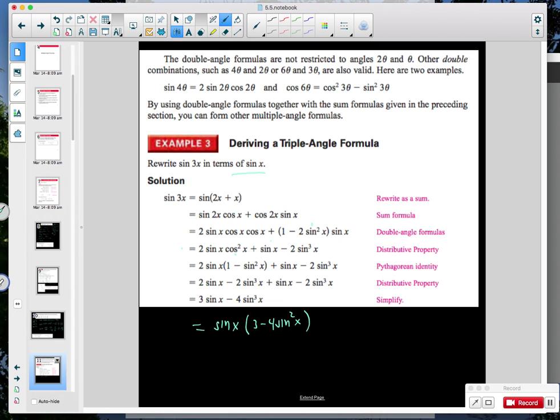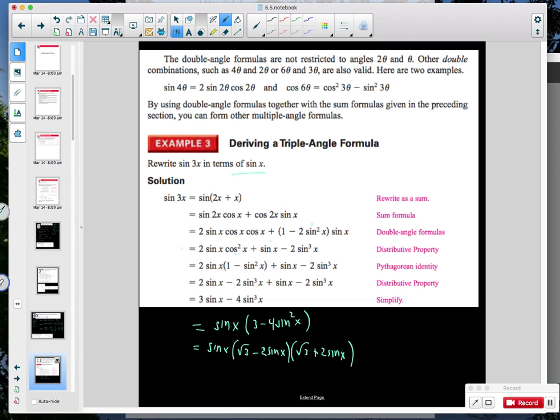And you can go even more. That's a fancy difference of squares. So you get square root of 3 minus 2 sine x, and then square root of 3 plus 2 sine x.